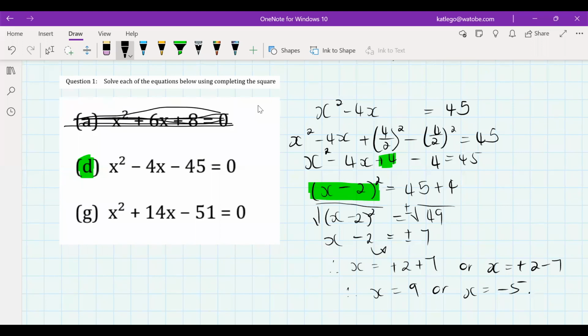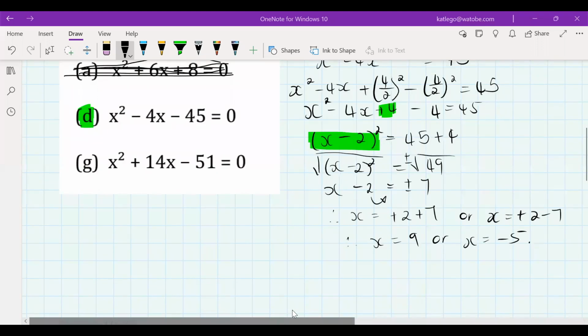They could just ask you to use complete the square, or they could even ask you to derive the quadratic formula. So you would have to know how to derive it, and you can only derive it by using complete the square. Okay, let's go back here and answer the questions of the people.